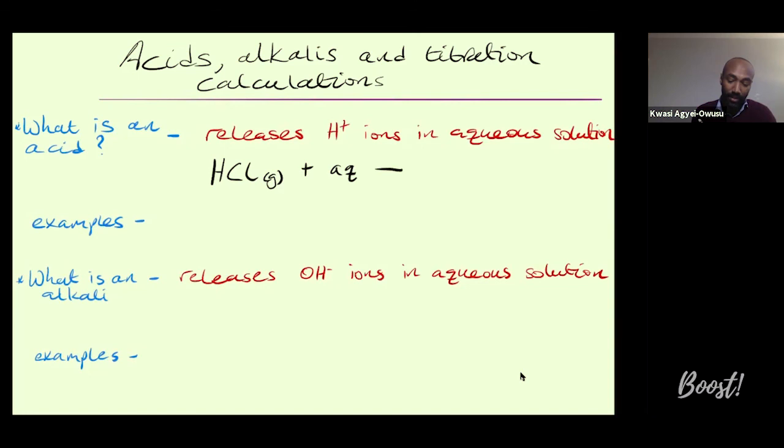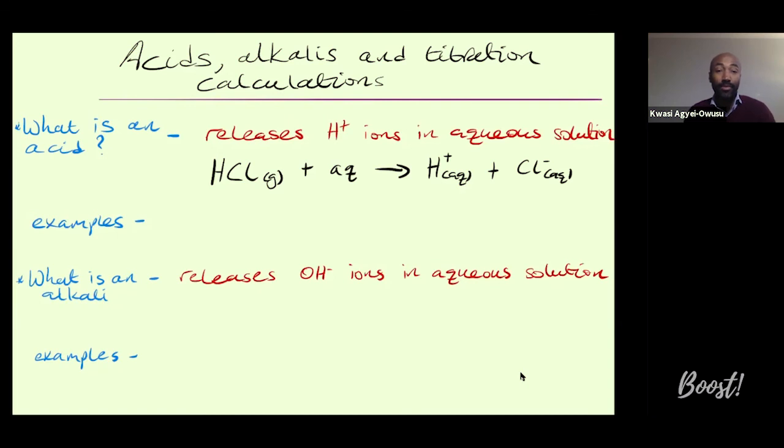And as a result of this, we end up forming aqueous H+ ions and also chloride ions.